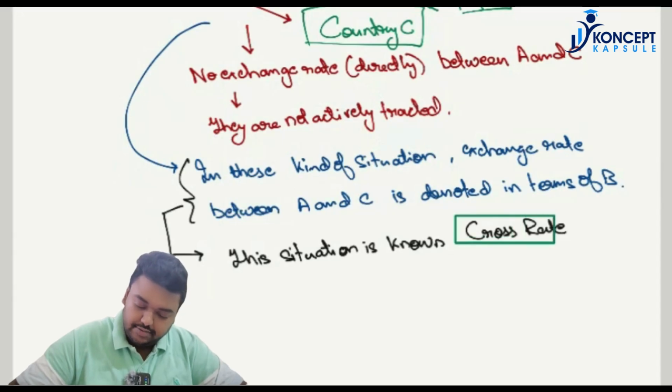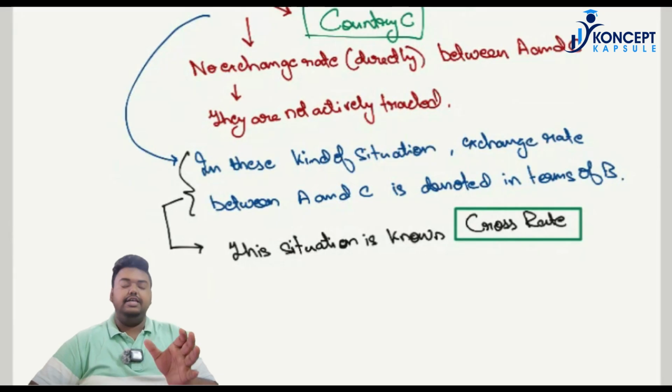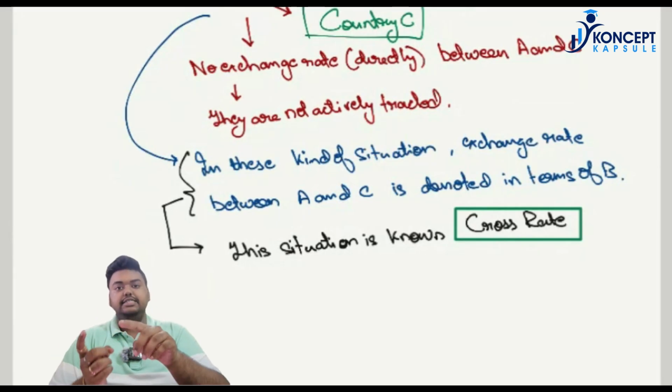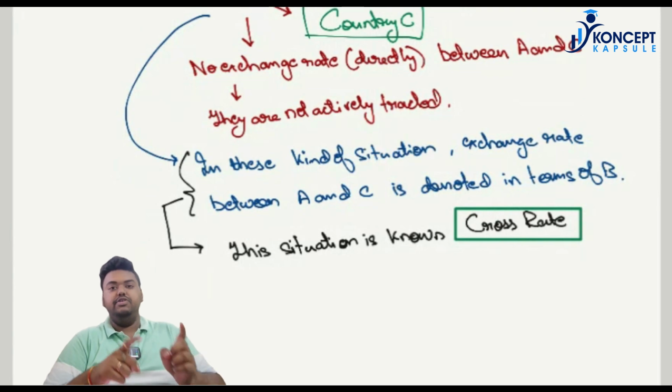So basically, when the exchange rate between two currencies is denoted in terms of a third currency or a third country, we call it cross rate.